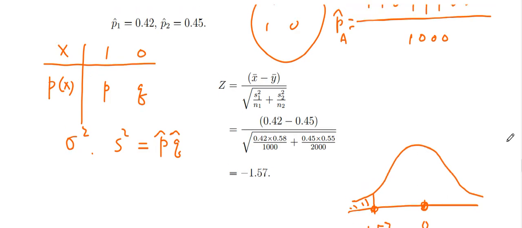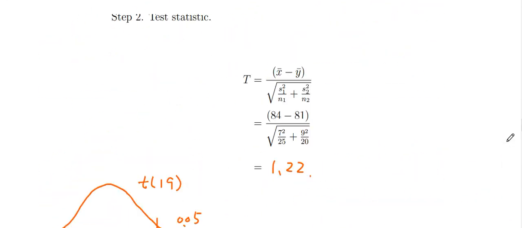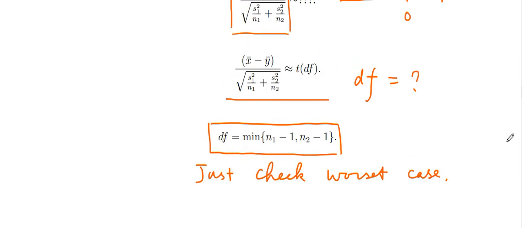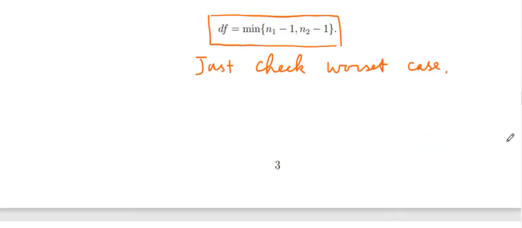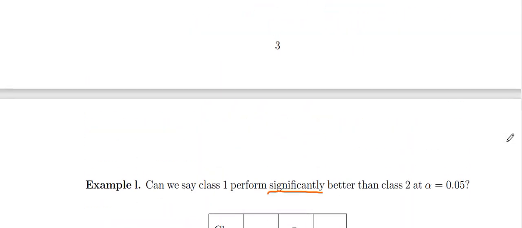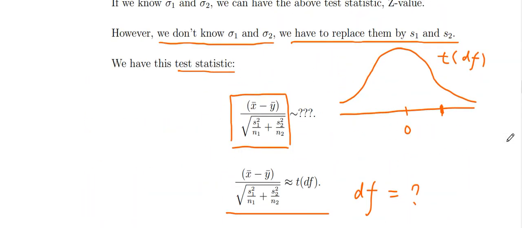So this is a 2 sample problem. 2 sample problems are quite the same as 1 sample problems. The only difference is the formula to find the test statistic: x bar minus y bar over the square root of s1 squared over n1 plus s2 squared over n2. Use this formula to find the test statistic.